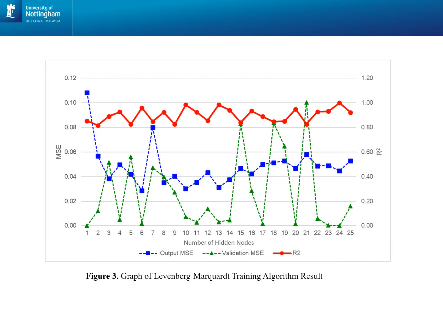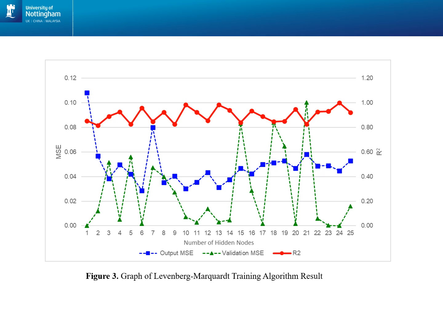This plot is once again a representation of the Levenberg-Marquardt training algorithm results, which provides us the results in terms of the lowest MSE value, because the lower the MSE values, the better is the model. Similarly, higher the R squared values, better is the model.